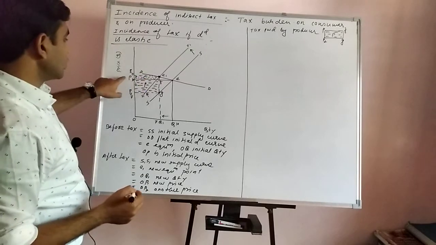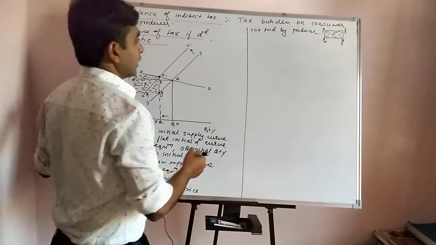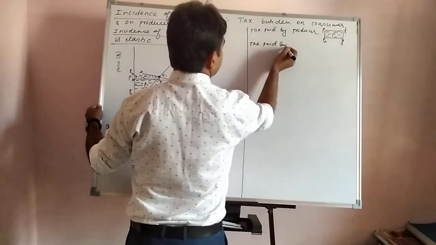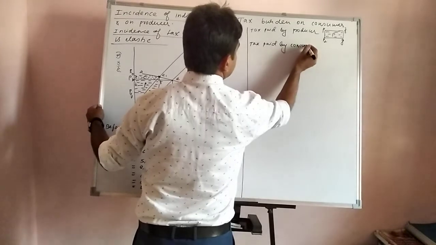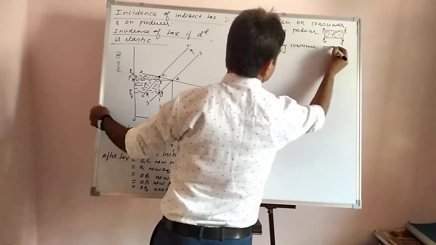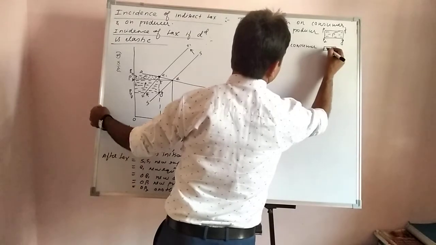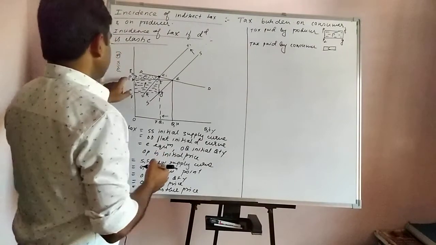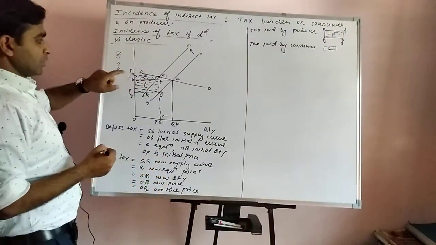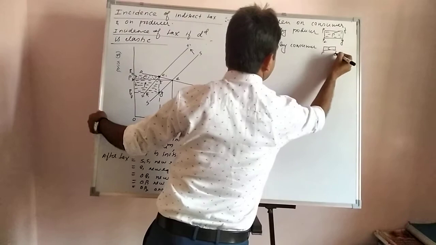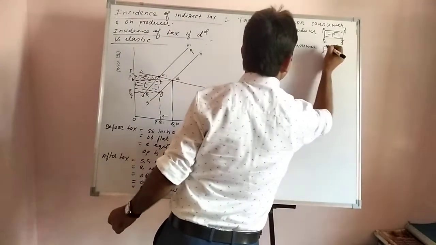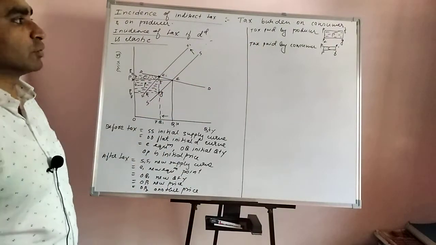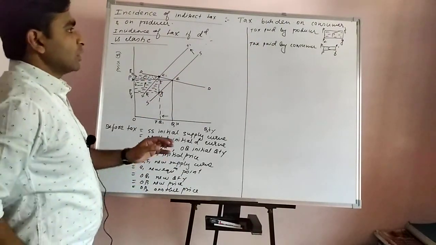And now tax paid by consumer is P, F, E1 and P1. So this is P, F, E1 and P1. So you can see here producer is paying high tax and consumer is paying low tax. So let's figure out how much.